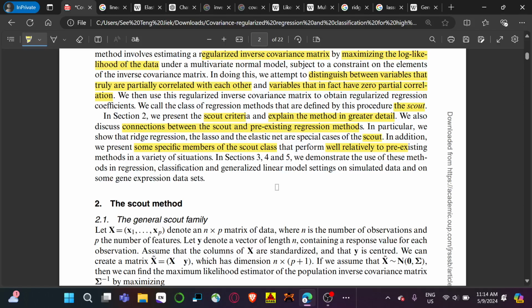Guys, the thing that I really don't like about this type of paper is that the evaluation they performed for their approaches is really simplistic, right? Unlike the usual deep learning papers where we have to evaluate on so many large datasets, all they have to do is get some simulated data and a couple of gene expression datasets and call it a day.